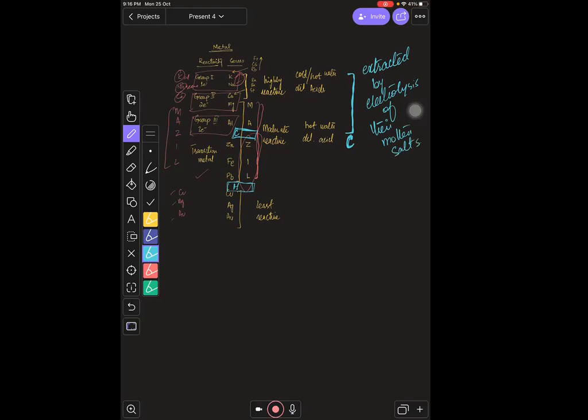If you want to extract them, you need to use electrolysis of their molten salts.